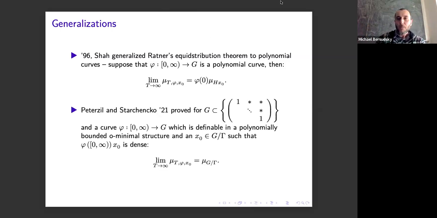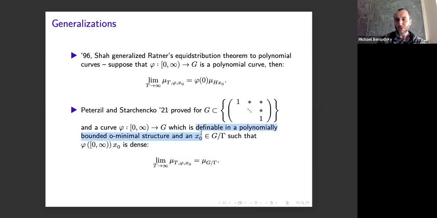More recently, there is the work of Peterzil and Starchenko, and they considered the setup where G is a closed subgroup of the upper triangular unipotent group, and they took what we call a curve definable in a polynomially bounded o-minimal structure, such that the trajectory through this base point is dense in G mod gamma, and they show that it's equidistributed.